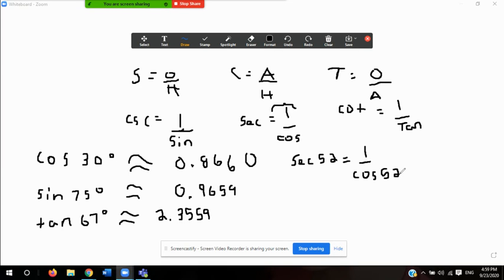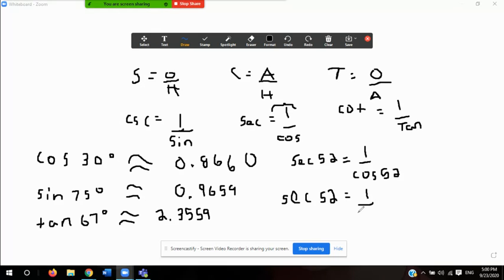So you're going to look for the cosine of 52. The secant of 52 equals 1 over the cosine of 52, and I have to look that up using a calculator. I want to include the exact value because I'm going to round only my final answer to 4 decimal places. Let me see real quick.